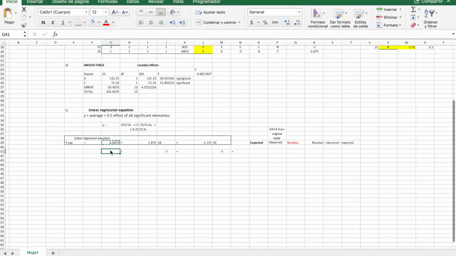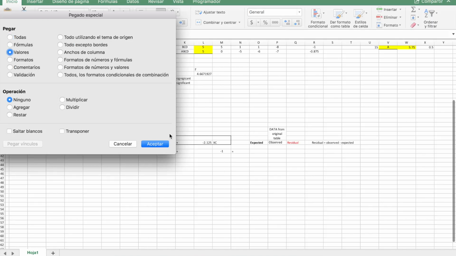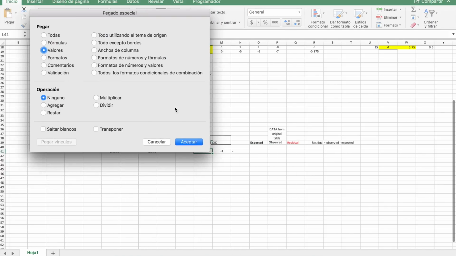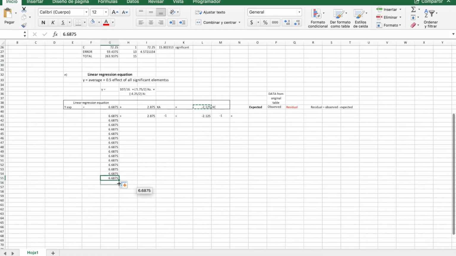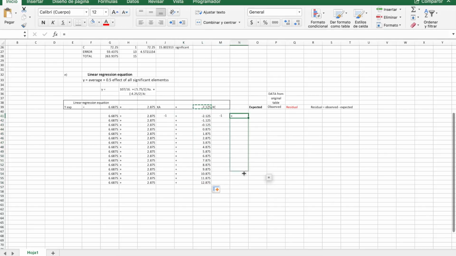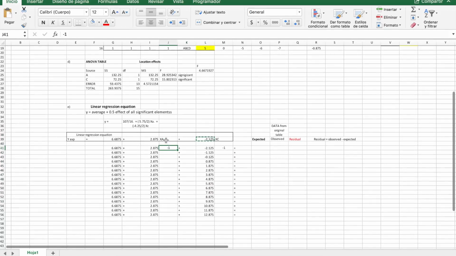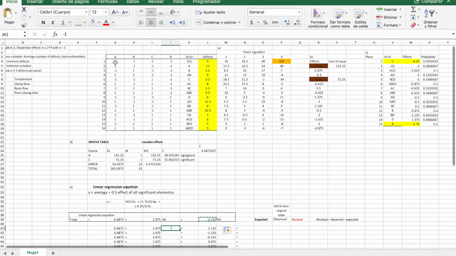Now that we have the values, you're going to paste them 16 times, or the amount of data you have. We have 16, so we grab it 16 times. In the column next to A, we put its corresponding signs.